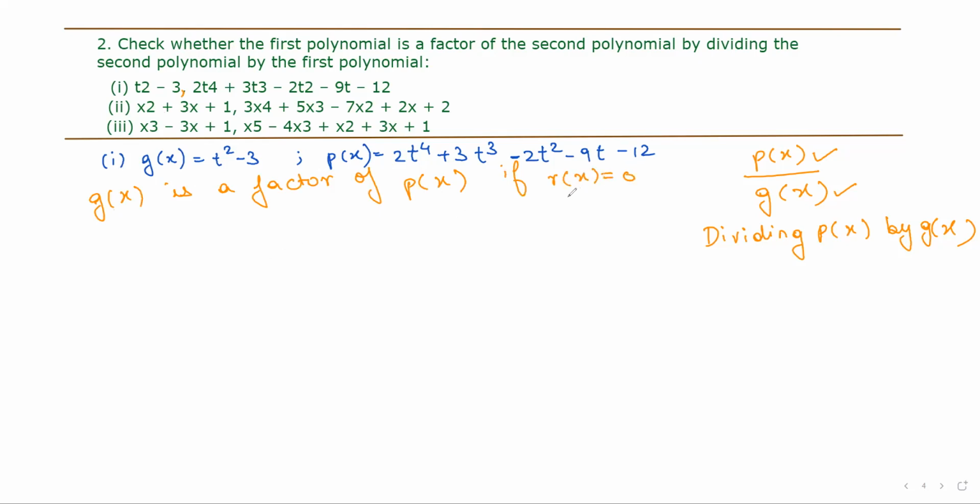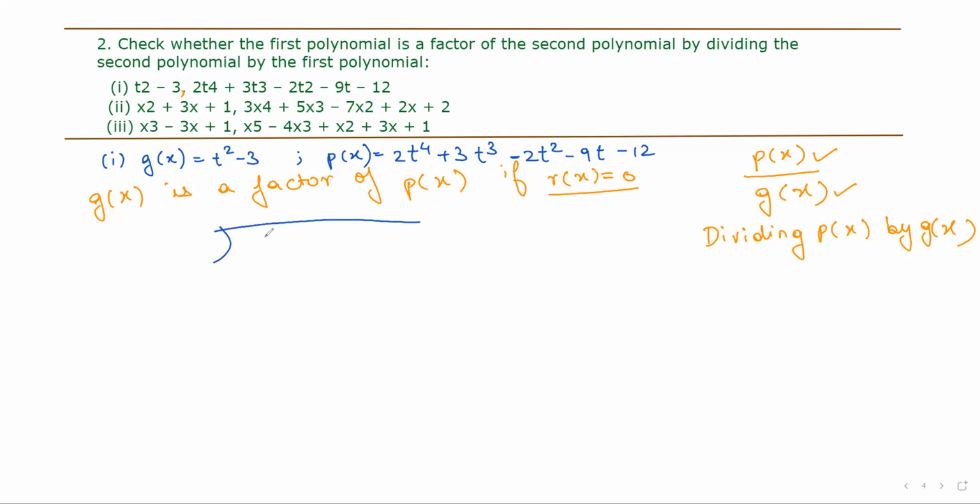So if after division you get r of x equal to 0, you can easily write that g of x is a factor of p of x, or p of x is divided by g of x completely. Now let's do the actual division and see which ones we get as factors and which we don't.